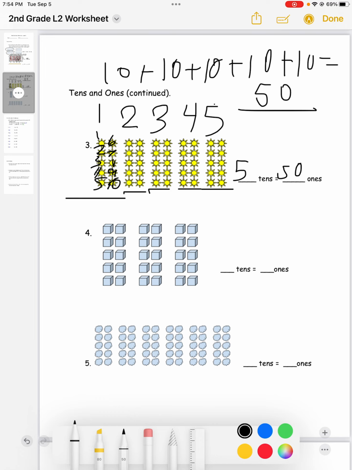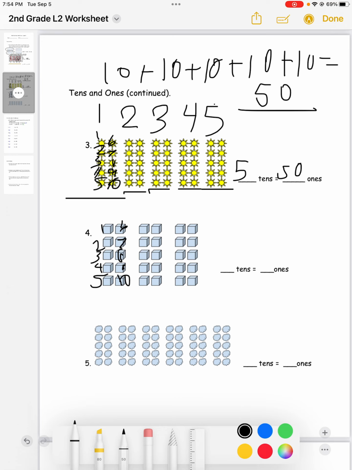Now let's do question number 4. These are now cubes. So there are 1 cube, then 2 cubes, 3 cubes, 4, 5, 6, 7, 8, 9, 10. And you could count them out all yourself if you aren't sure if there are 10 in each group. But we aren't going to count it in this video because it takes too much time.